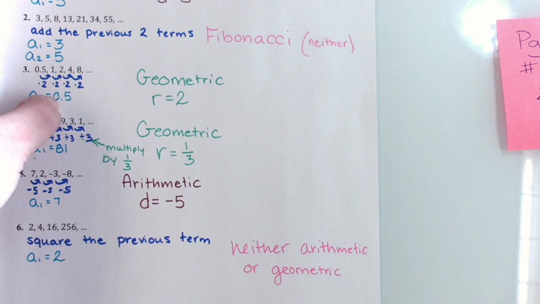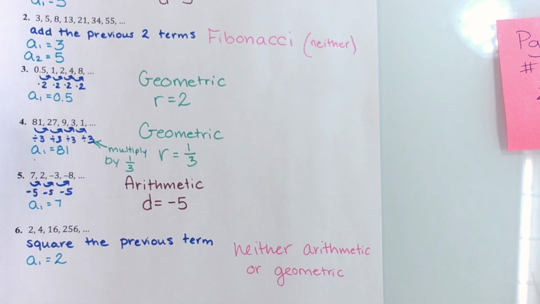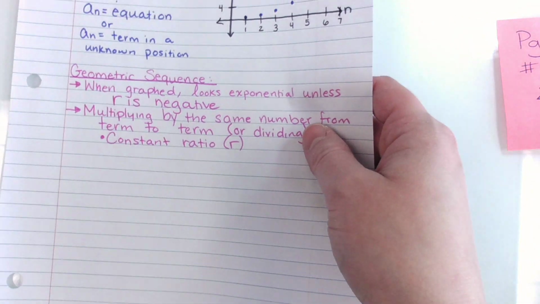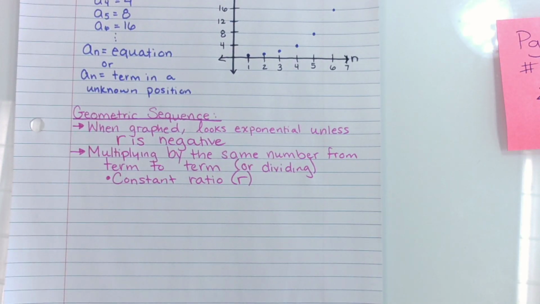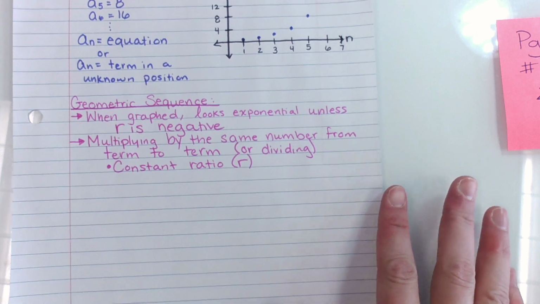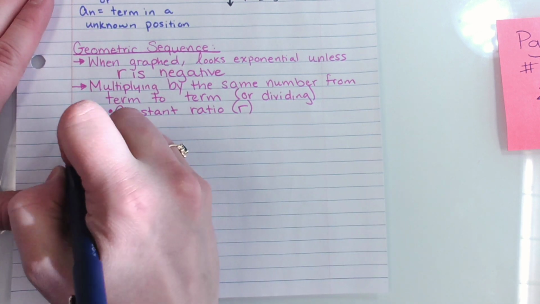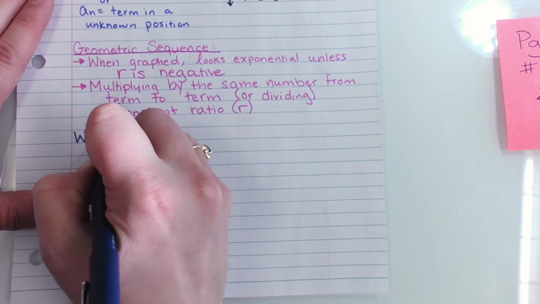Okay. So, the things you're going to be expected to do today: identify a sequence as arithmetic or geometric, come up with terms that come next in the sequence, and graph the sequence. Now, there's one quick thing I want to talk about that tends to mess with people.